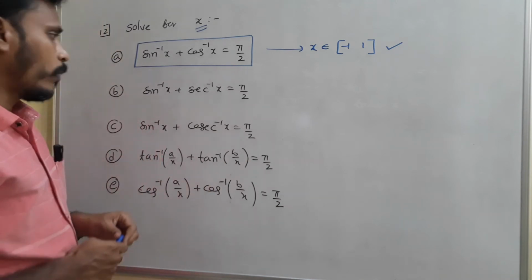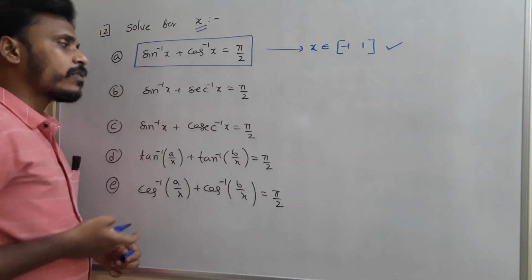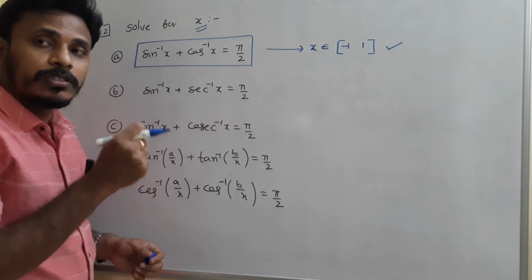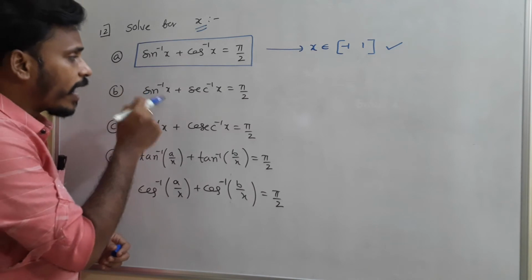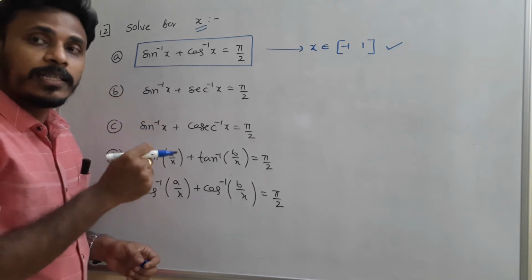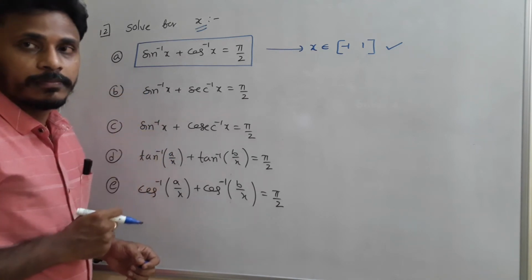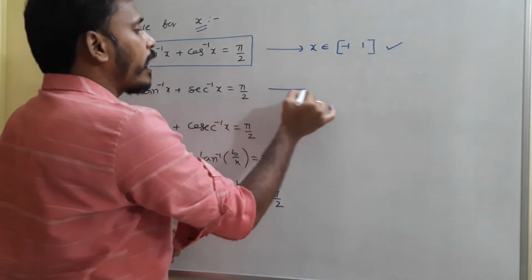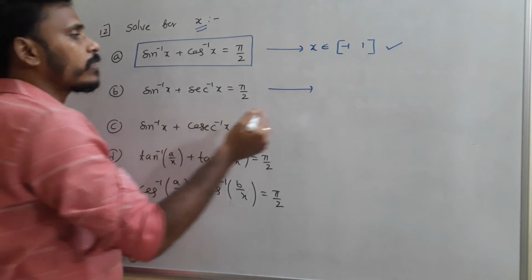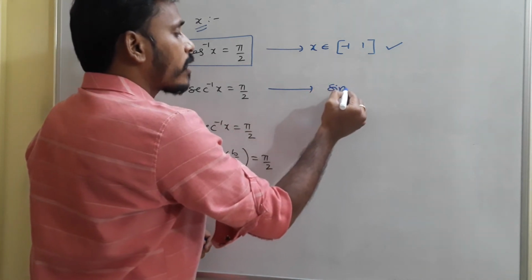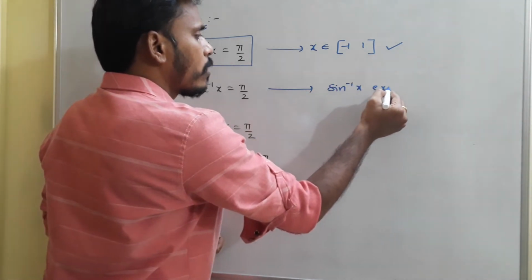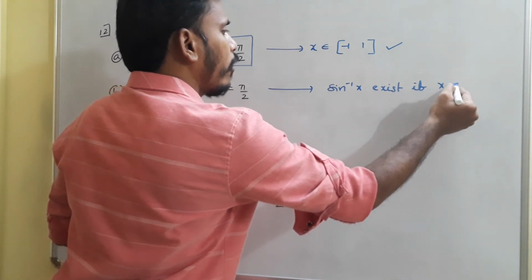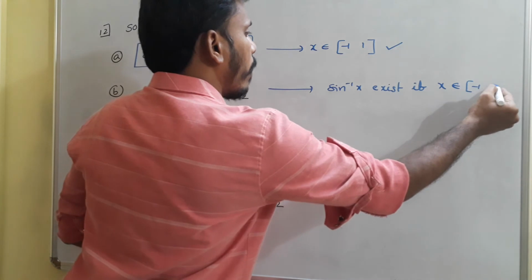Then coming to the second one, sin inverse x plus secant inverse x is equal to pi by 2. First of all, we need to check the validity of the problem, whether the problem is valid or not. So when we are trying to check the validity, sin inverse x exists if x belongs to -1 to 1.